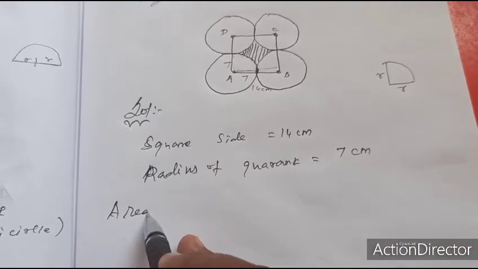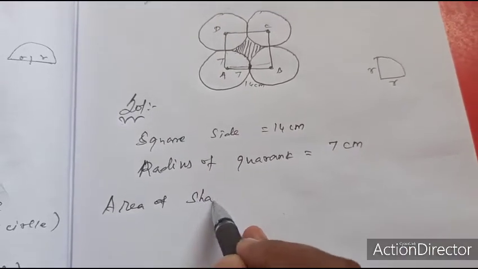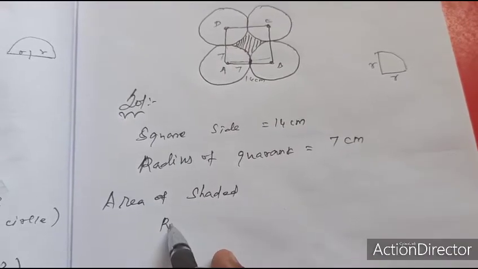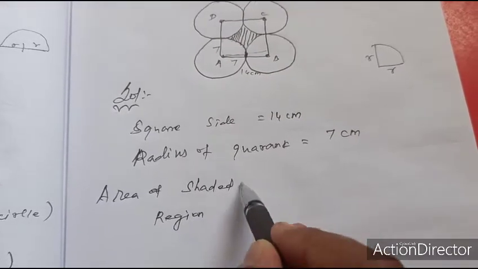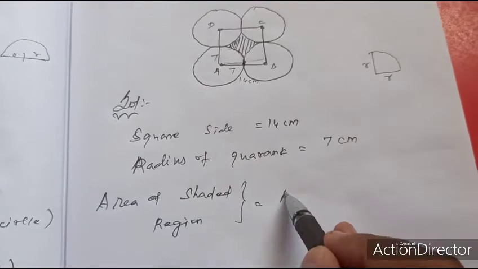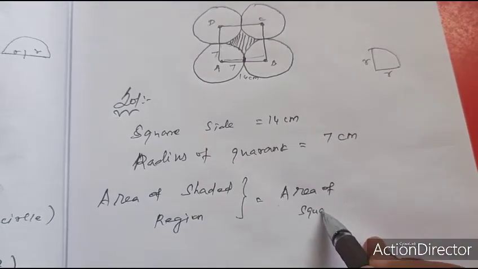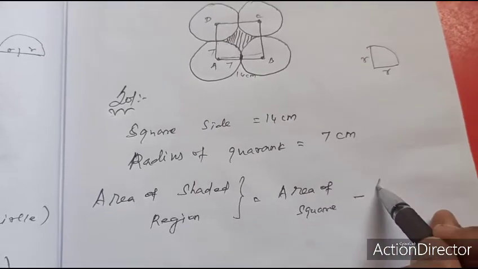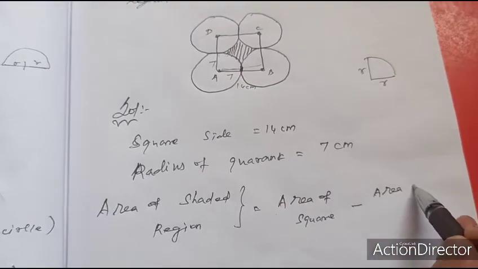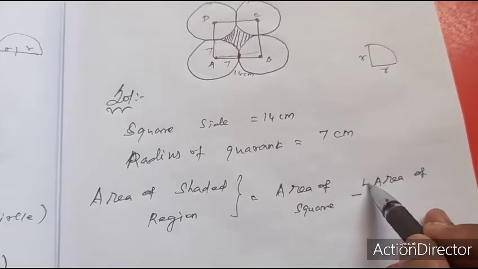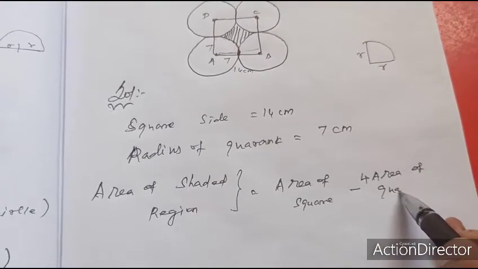Therefore, area of the shaded region equals area of square minus 4 into area of quadrant.